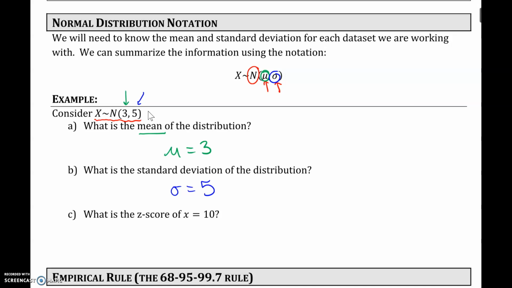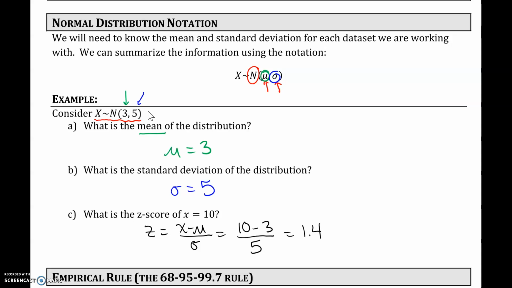If we want to know the z-score for a value of 10, we use our formula that z is equal to our x minus our mean divided by our standard deviation. So we'd calculate 10 minus 3 and divide by 5. Plugging that into our calculator, we find that the z-score corresponding with an x value of 10 for this particular distribution is 1.4.